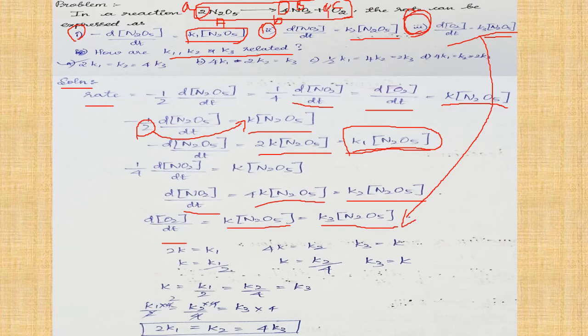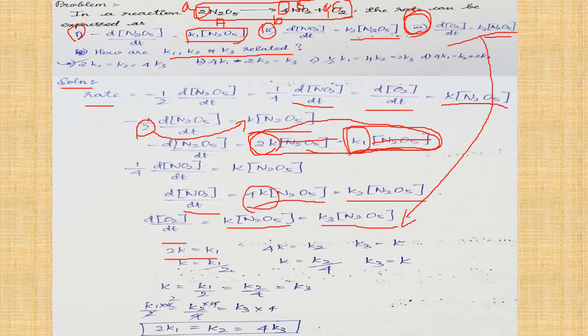Okay. Next, we have to equate these two. To find out the values of K1, K2 and K3, we have to equate these two equations. We have N2O5 in common, so we don't need to take that. We are going to take 2K and K1. We are equating both K and K1. By equating it, we get 2K is equal to K1.